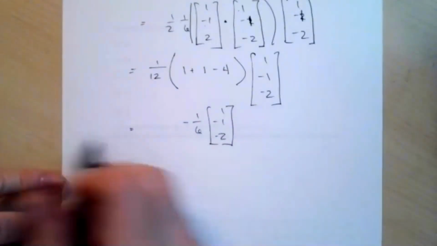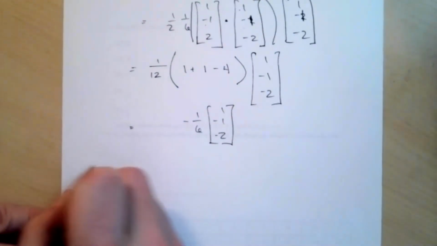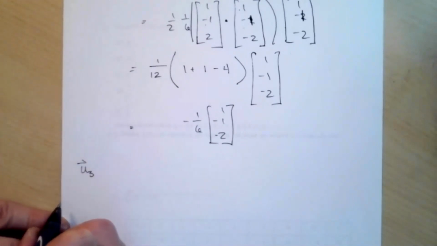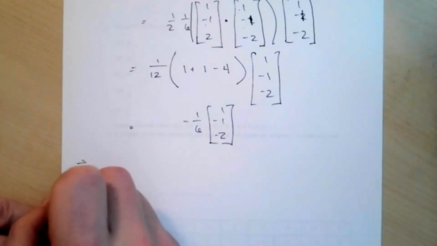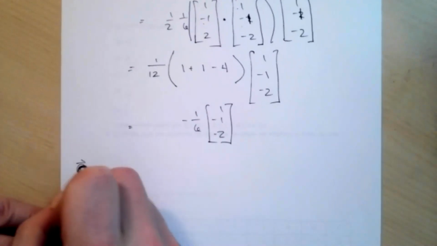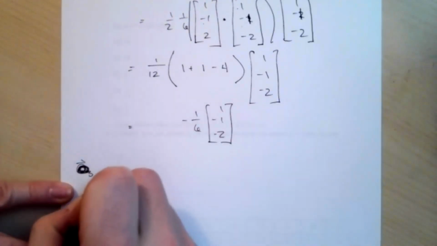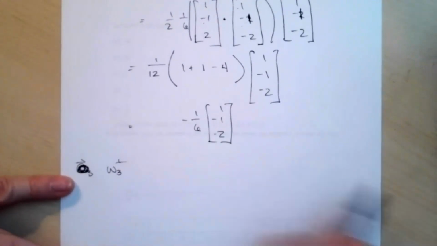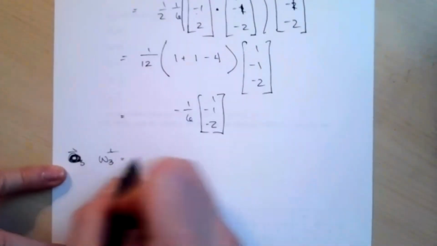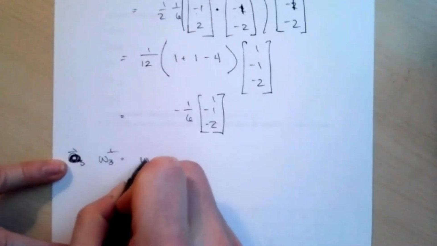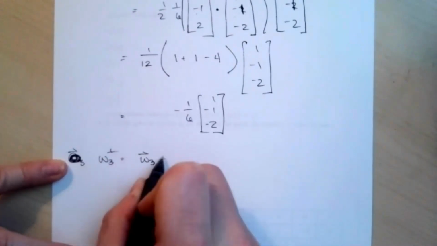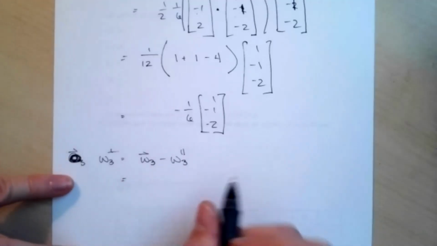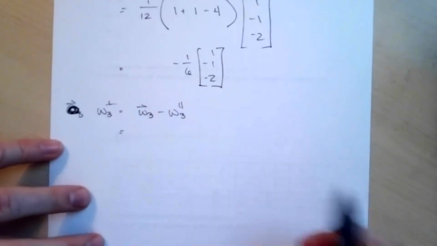So that's our projection. Now our perpendicular, so our third and final vector. Actually, sorry, we've got, I guess, 2 more steps. This is our projection, right? We want to find the perpendicular component first. So our perpendicular component is going to be W3 minus that projection. And let's see, what was our W3?